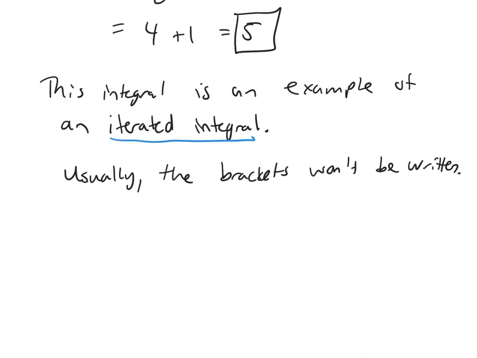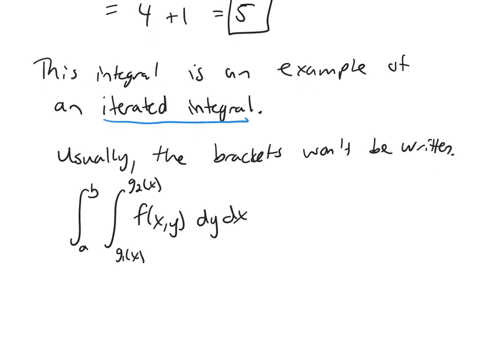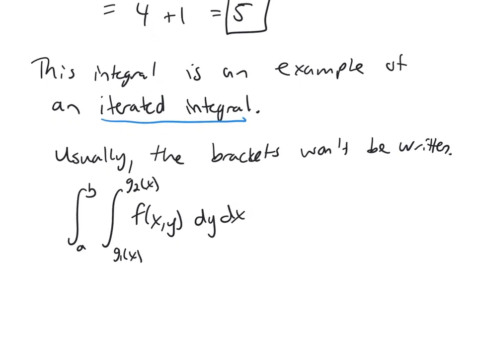So iterated integrals have this format where you're integrating some function, dy dx, from a to b, g1(x), g2(x). So those bounds are functions of x, which is what we saw in our last one.